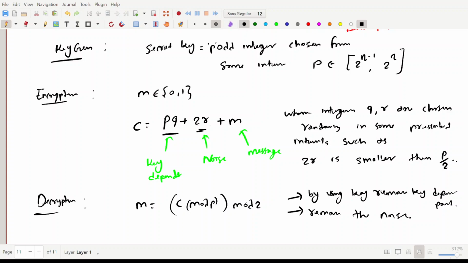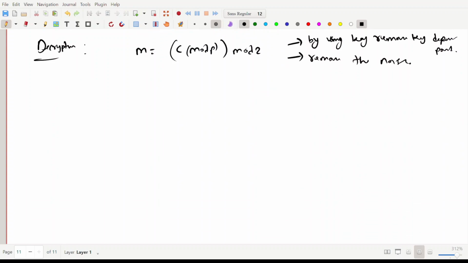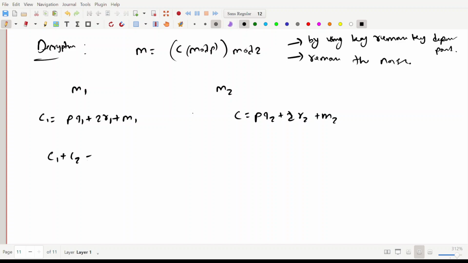Now let us see whether it is satisfying the homomorphic property or not. Suppose again I am having 2 messages, say M1 and M2, and ciphertext C1 is equal to, what was the definition, P into some Q1 plus 2 into R1 plus M1, and C2 equals P into Q2 plus 2 into R2 plus M2. Now if I add the two ciphertexts, what am I getting?